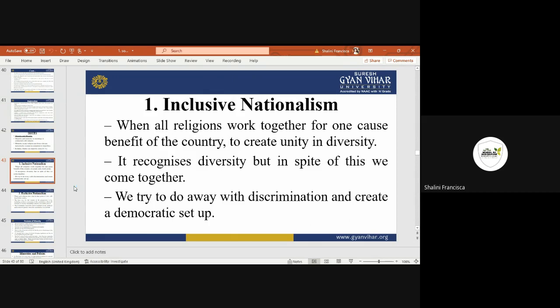Like every state has its own culture, own language, own dresses. Still, we are called Indian. We try to do away with discrimination and create a democratic setup.